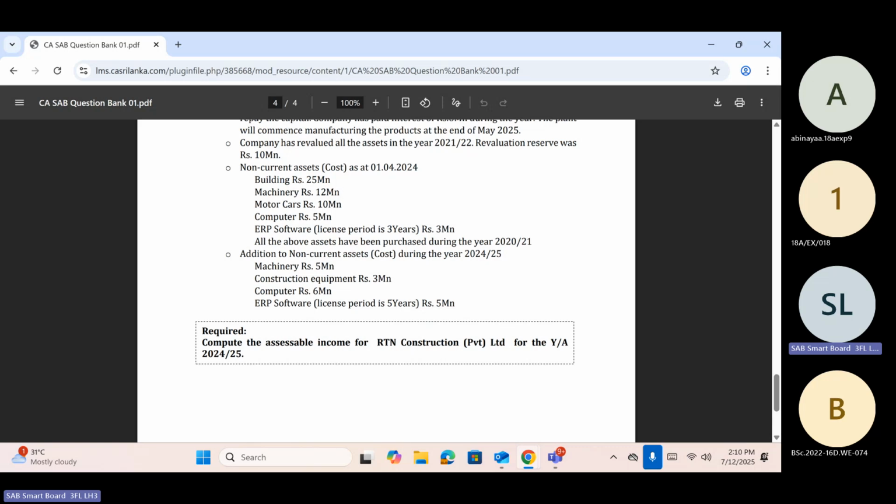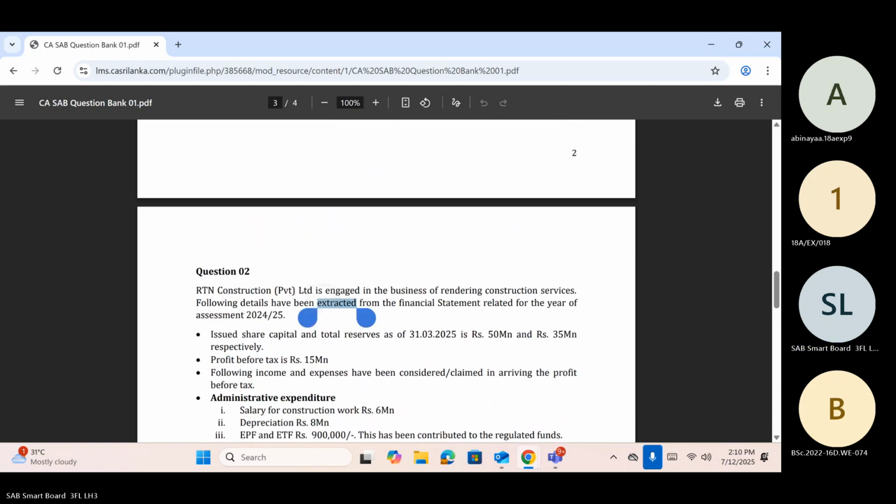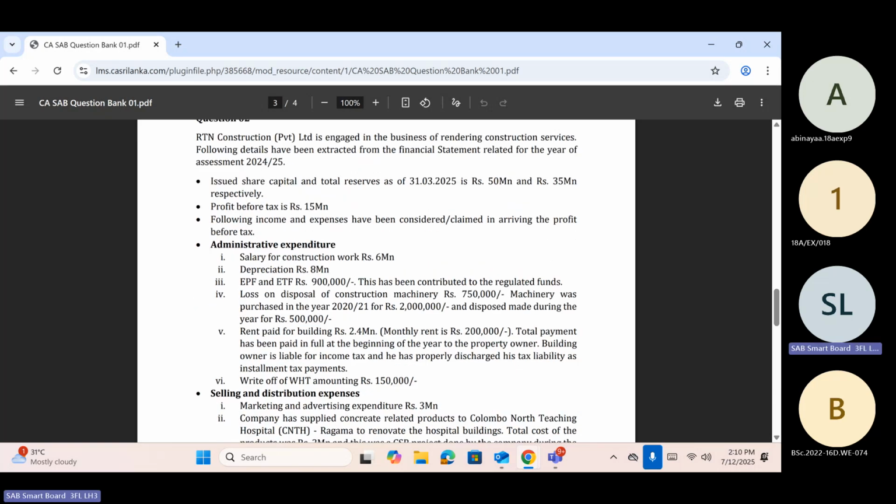It's working one, and we start from profit before tax. Profit before tax, how much? 15 million.